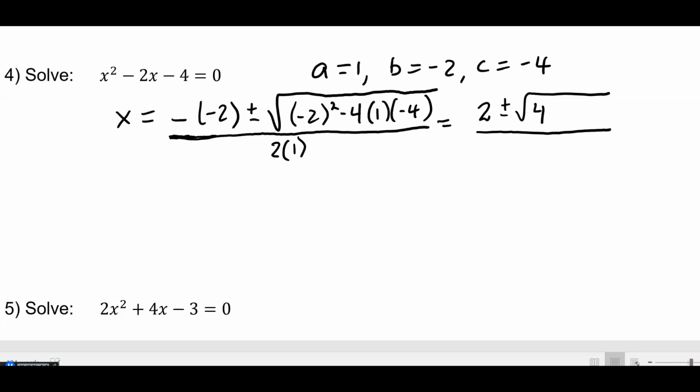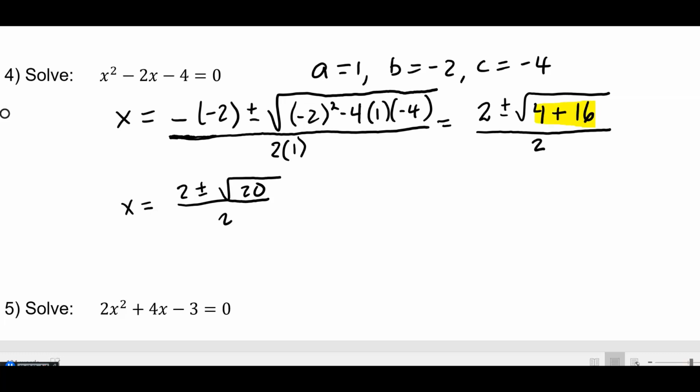Now what should be our sign that goes after this 4? Now if you said plus, then you are right. Plus 16 all over 2. Now let's continue. We have 2 plus or minus the square root of 20 all over 2, since 4 plus 16 is 20.